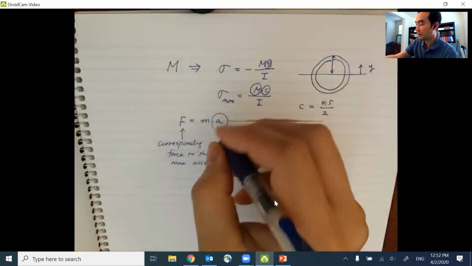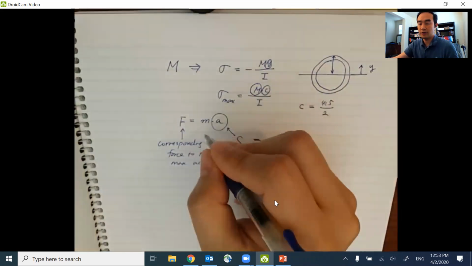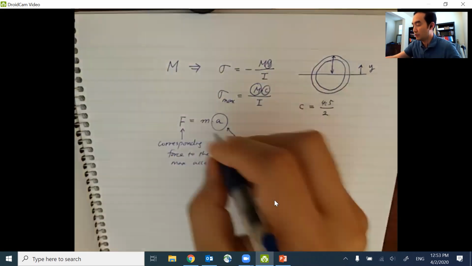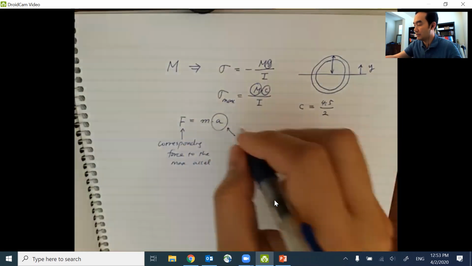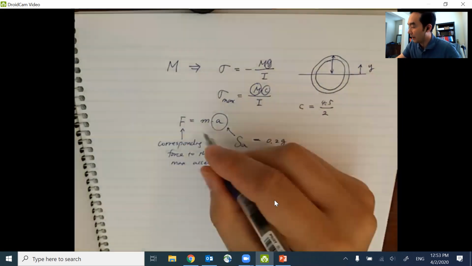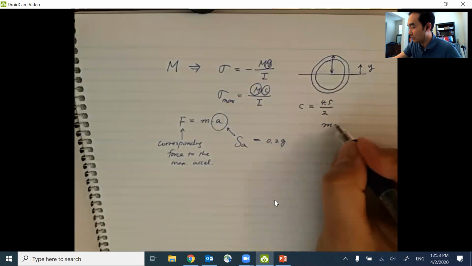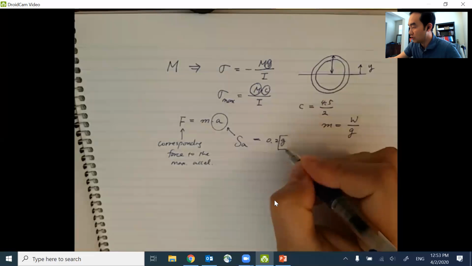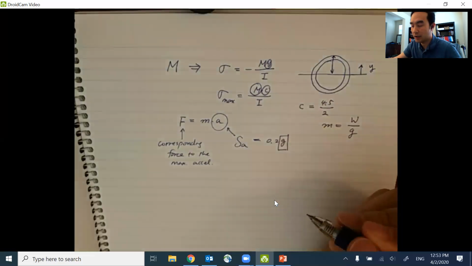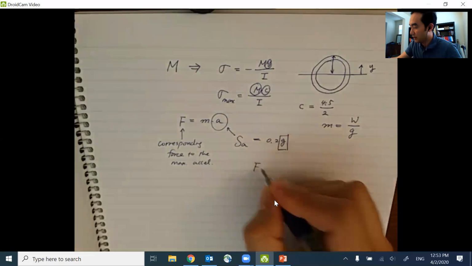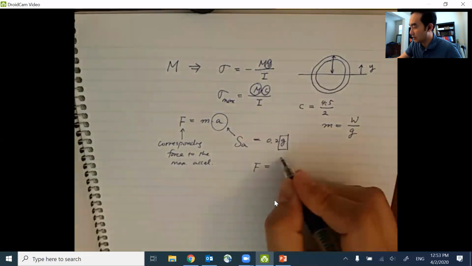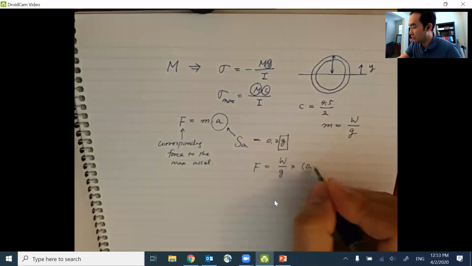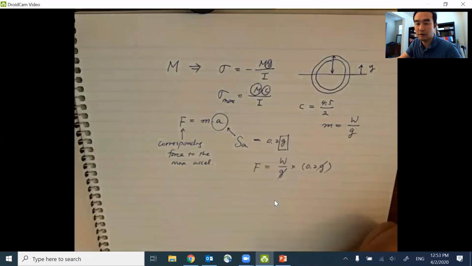So what is mass? Actually, we already calculated it, but we don't need to use that number again because how can we have mass? Mass is equal to weight W divided by g. Now we have g here in our spectral acceleration. So F now can be calculated as weight over g times spectral acceleration, which is 0.2 in g, so that g is going to be canceled out.